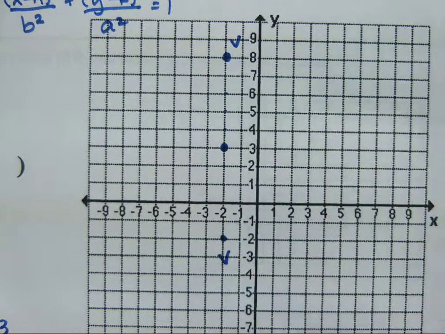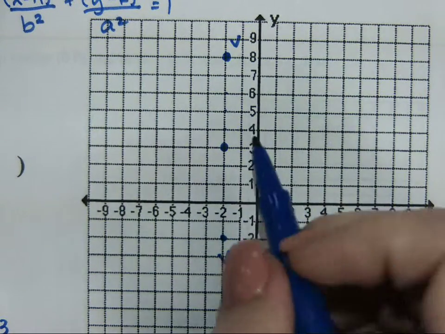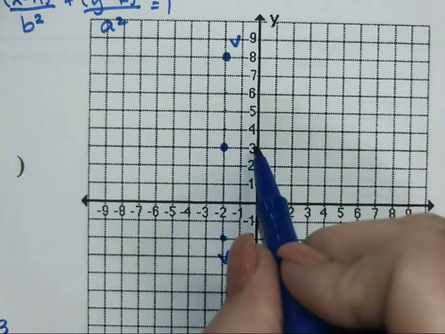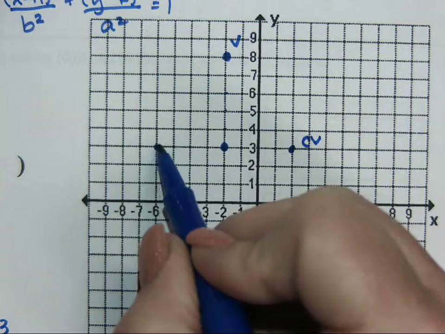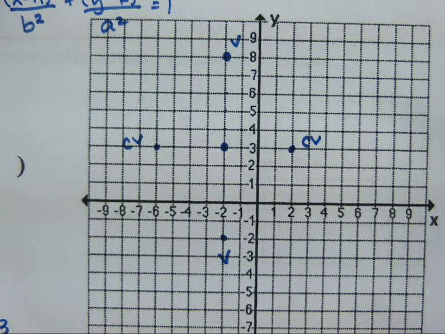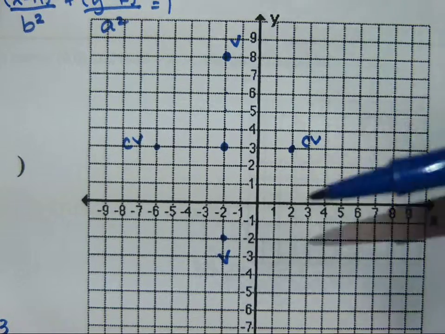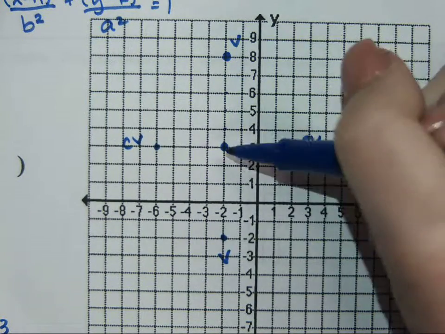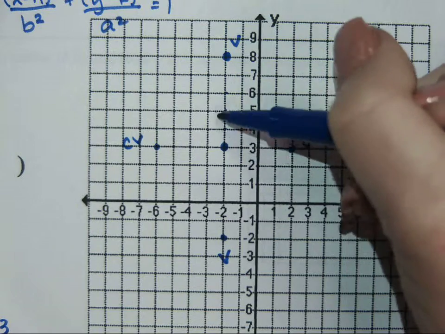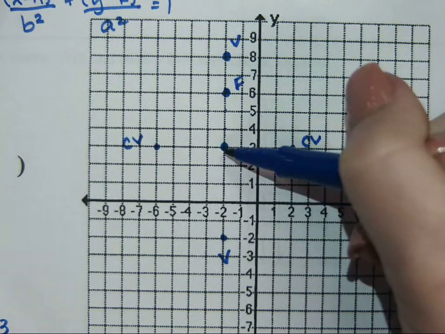And that's another vertex. And then 4 units out to find my co-vertex. 1, 2, 3, 4. And then I can also put my foci on there because the c value is not a square root. And that lies on the major axis, the same as my vertices. And so I'm going to go out 3 on both of those.